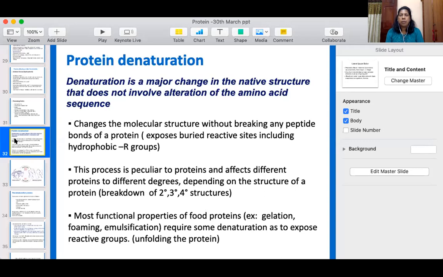Therefore, proteins will be affected to different degrees. We can't say that the protein in milk is affected in the same way as meat proteins, fish protein, soy or other plant proteins. There are different types of protein, and they are affected to different degrees by denaturation.